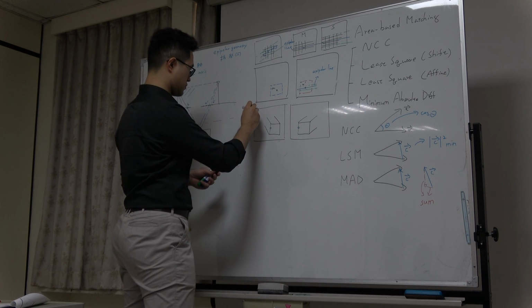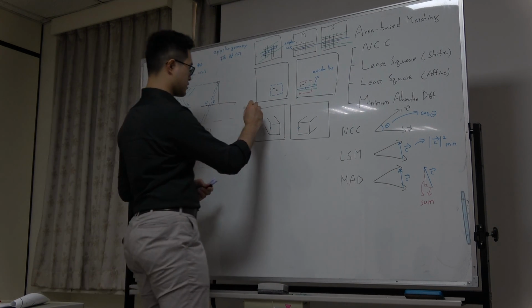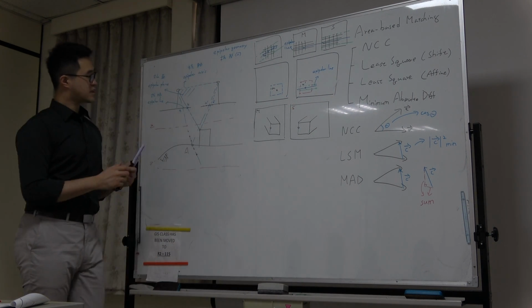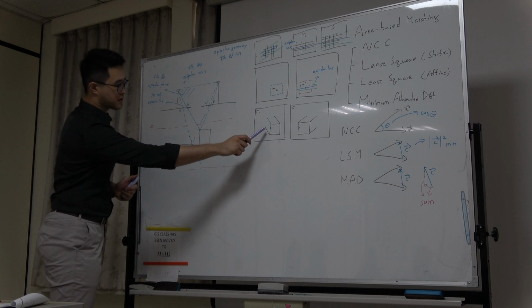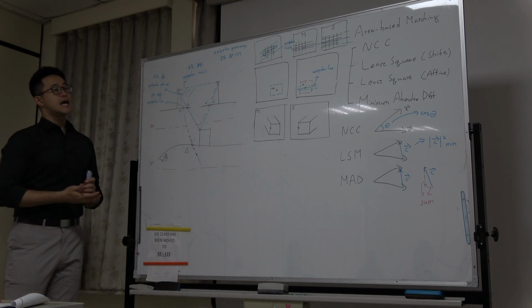Right, so master image and slave image. So right now we have a feature point over here, let's assume on the edge of the building.